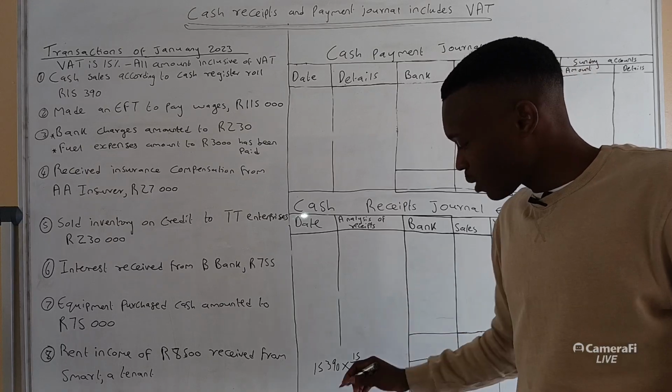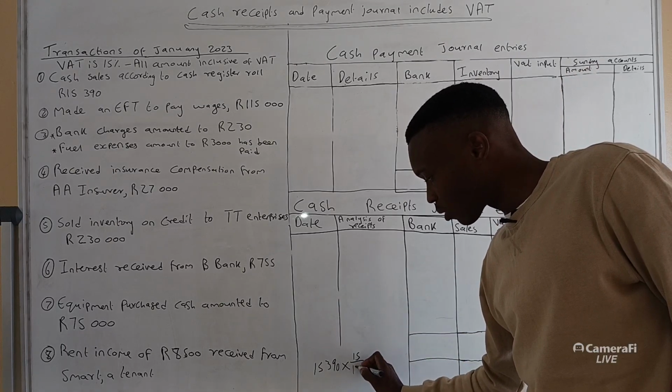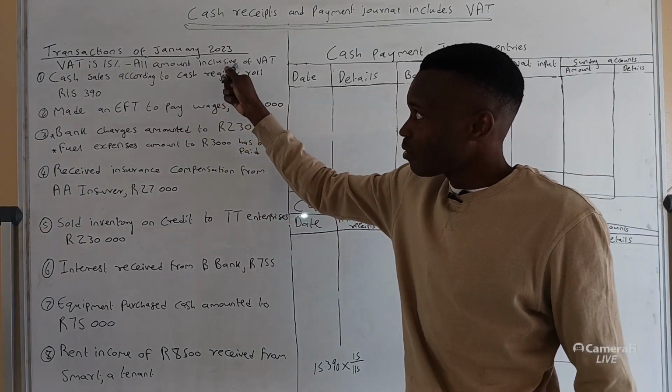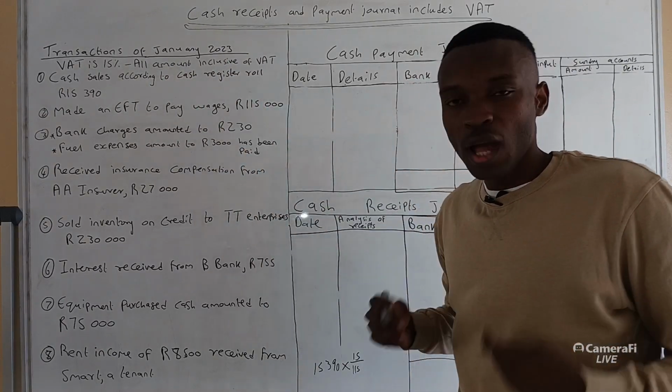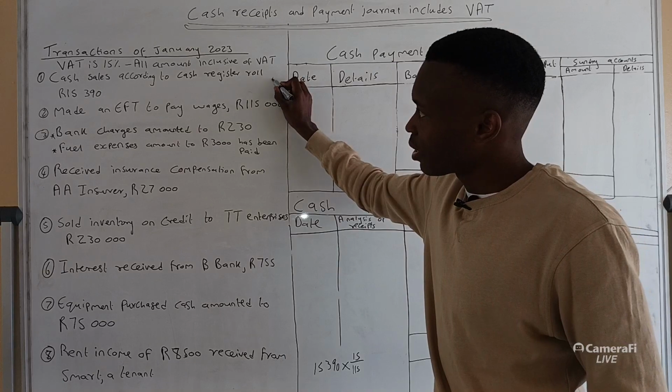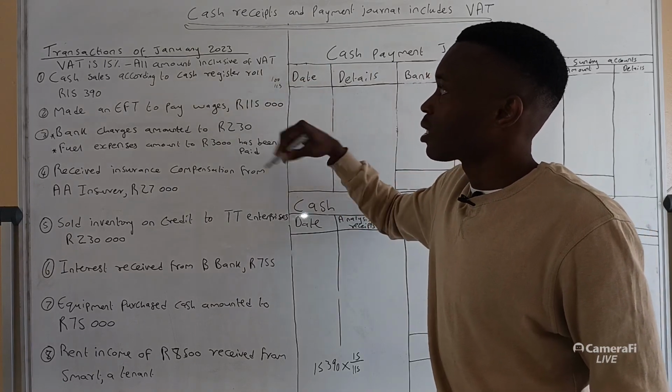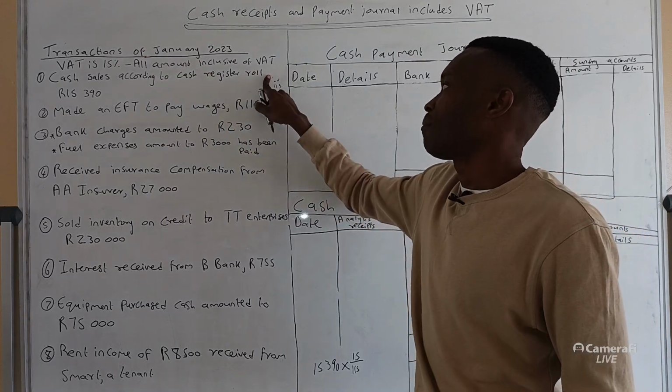And what we have on the bottom is 115 because the instruction said all amounts are inclusive of VAT. Amount without VAT is 100%, with VAT is 115 because it has included that 15%.